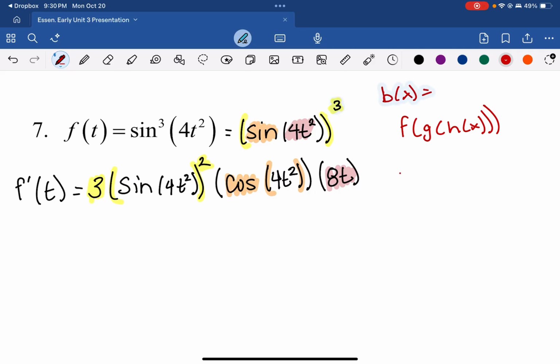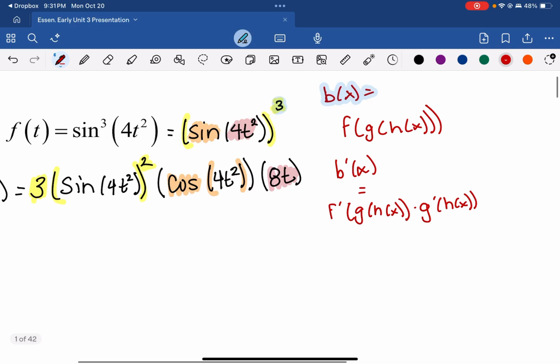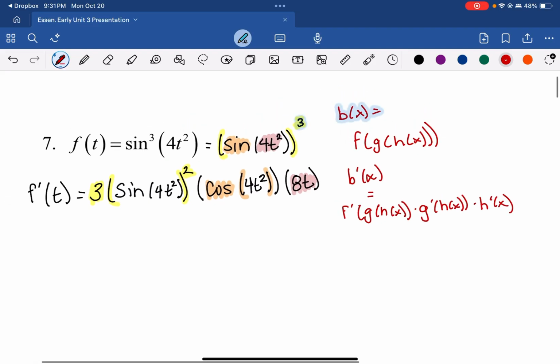So b prime of x, derivative of the first, or the outside, times all the inside, times the next outside piece, times final inside piece. Okay, so you kind of got to break things up, right? And you take those pieces.